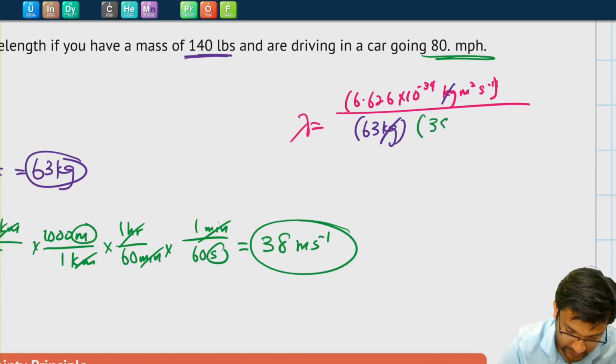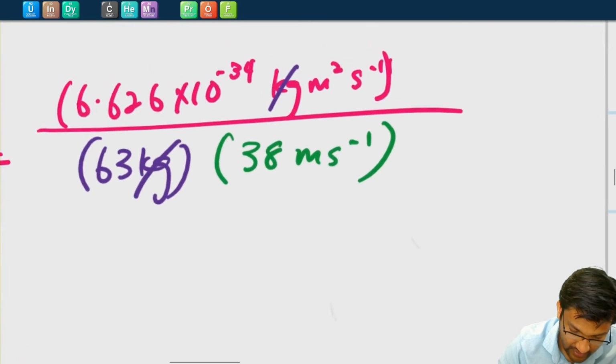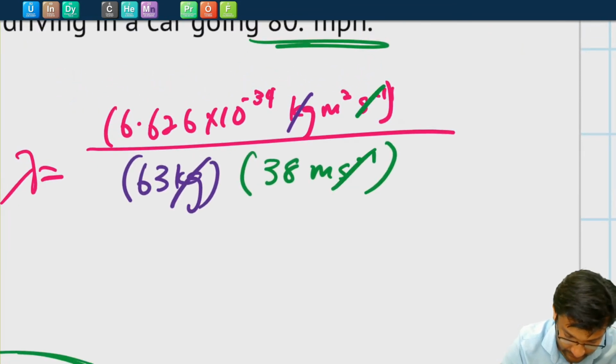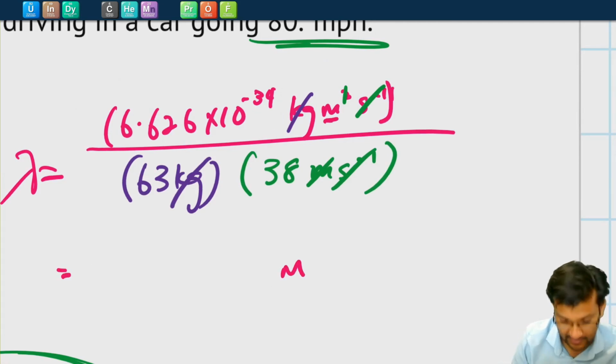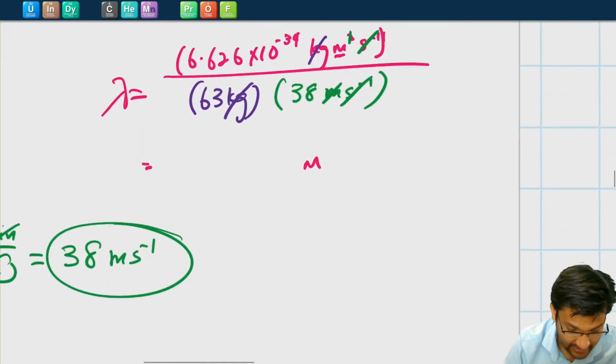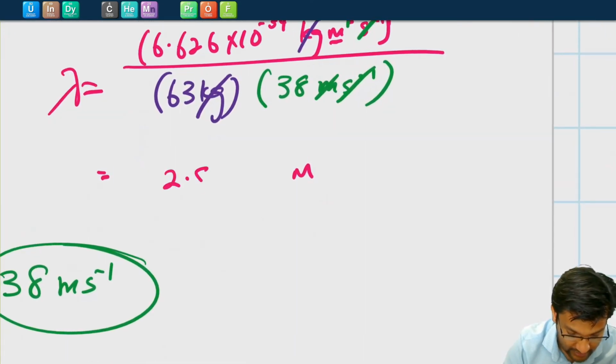Velocity is 38 meters per second. So let's see what happens here. The per second cancels out with the per second. The meter cancels out with one of the meters, and so we're left with just the other meter as the answer, which makes sense because it's a wavelength in meters. And the answer that I get is 2.8 by 10 to the minus 37 meters.